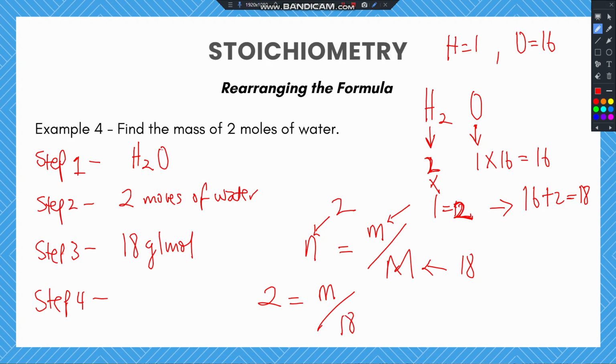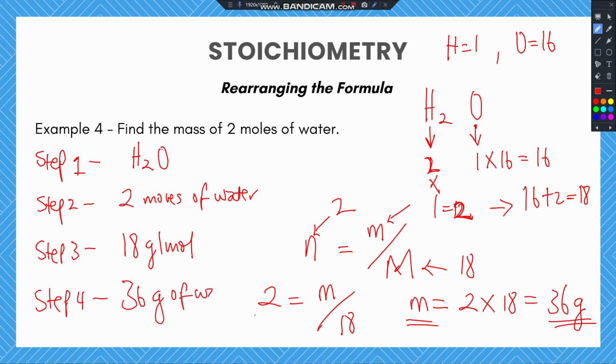At this point, we can cross multiply. So m is equal to 2 times 18. This is 36 grams because m is the mass of a substance. It is measured in grams. So we have 36 grams of water, H₂O, as the answer.